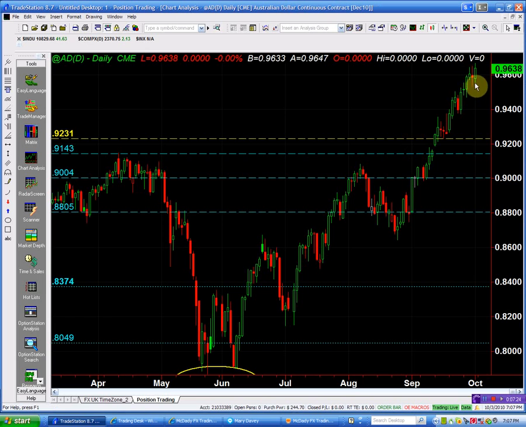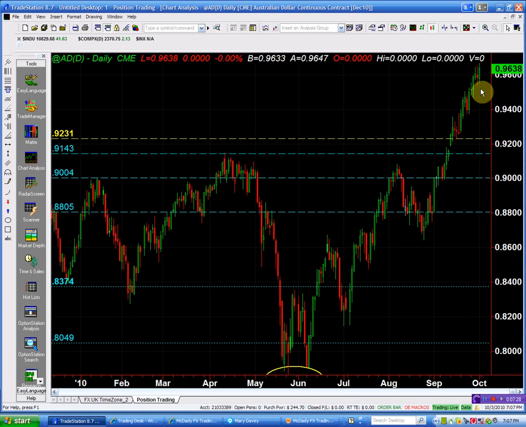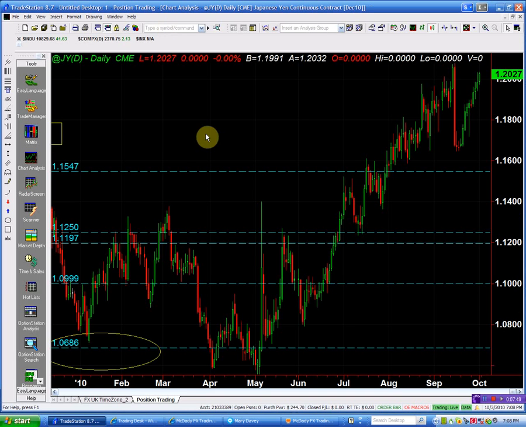If you look at the daily chart, you can see that the trend is very nicely to the upside. It's continuing to roll up and move higher and higher. So the Australian dollar is very strong. And that's the chart of the Aussie. If I go back to the yen, you can see the yen is also moving.